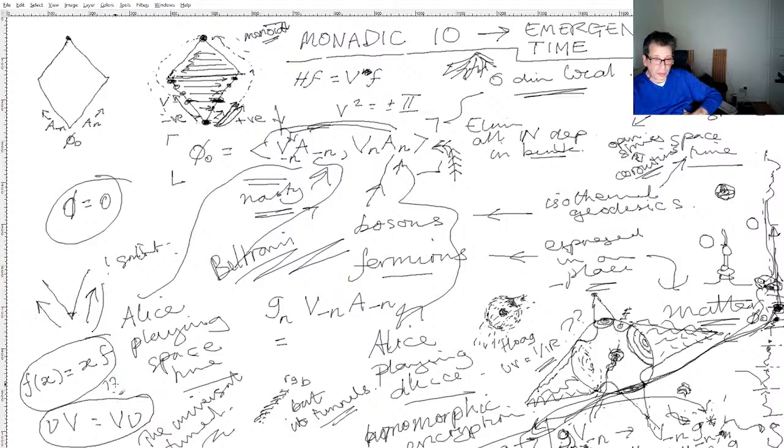So this is the last, why am I so optimistic? It's such a difficult problem. So we want to identify this as a neutrino or as some particle in the string spectrum.